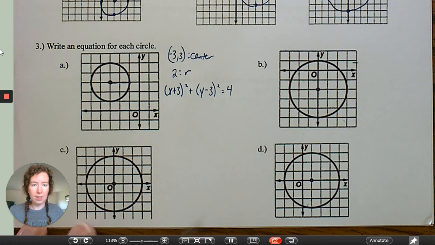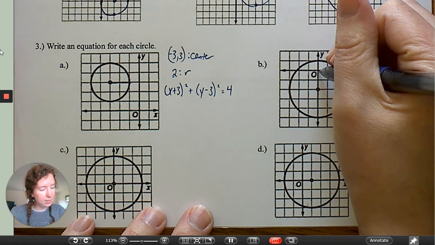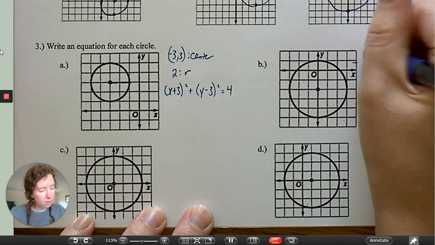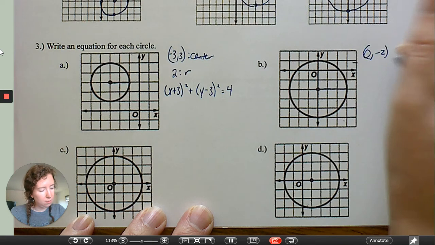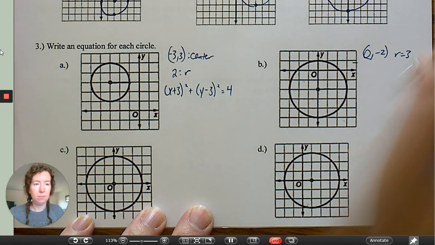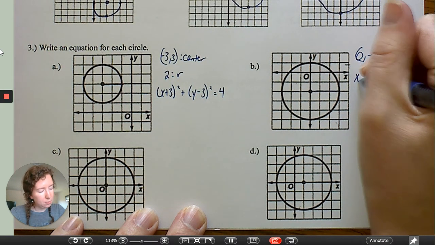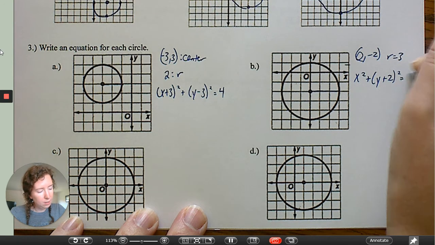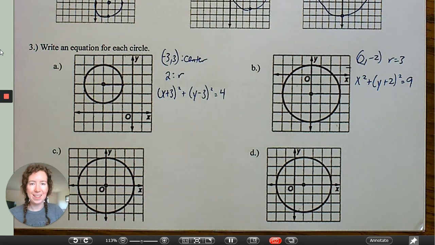All right. Let's go to the one to the right. This has a center at 0, -2. This has a radius of 3. So it's going to be x squared plus y plus 2 squared equals 9.